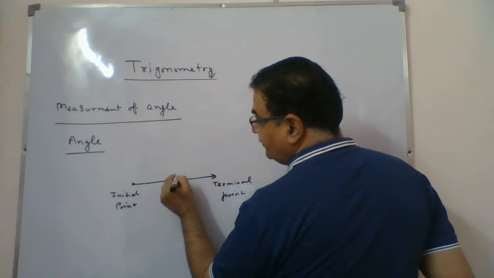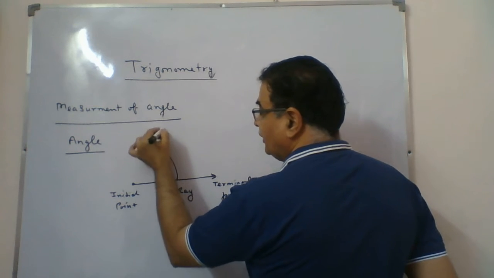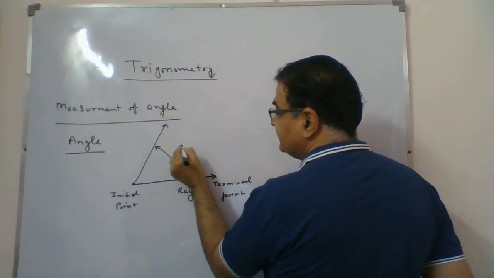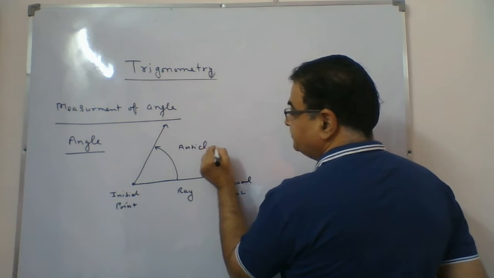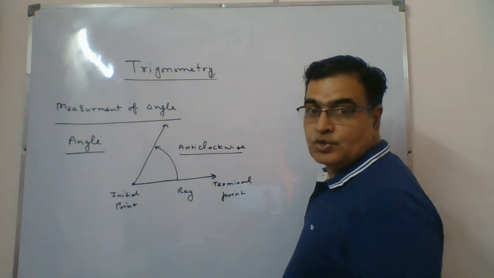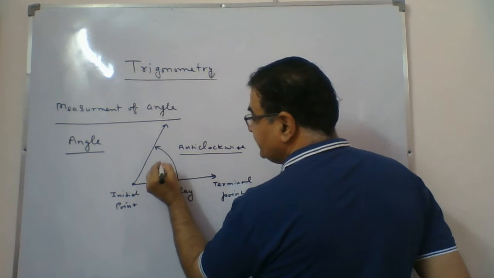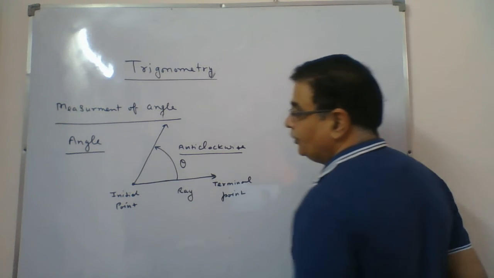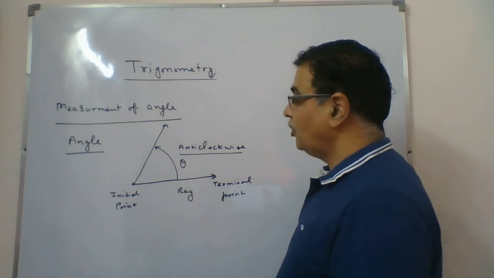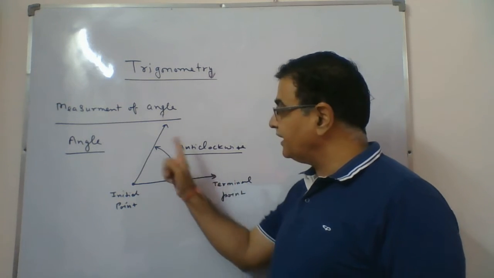One, if I rotate it in this direction, that means I am rotating it in anti-clockwise direction. Then whatever angle comes, let it be denoted by theta. This is what we call a positive angle.